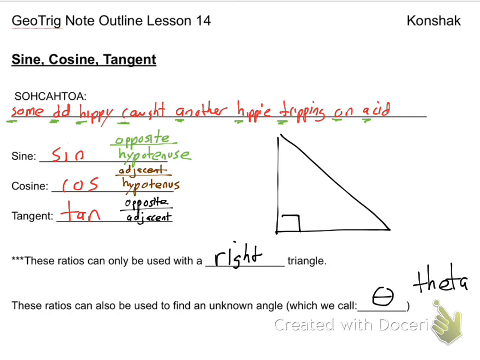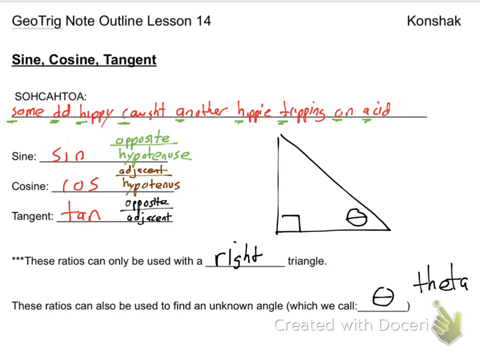On the next slide, we're going to demonstrate how it's going to change. But here, on this one at least, if I say here's theta, that's the angle that I'm talking about. Whether I'm given an angle or I have to find an angle, I can use those three ratios to find all the sides or the angles.